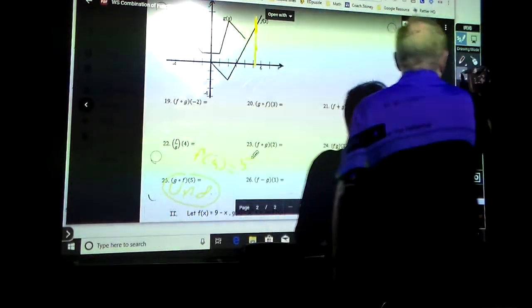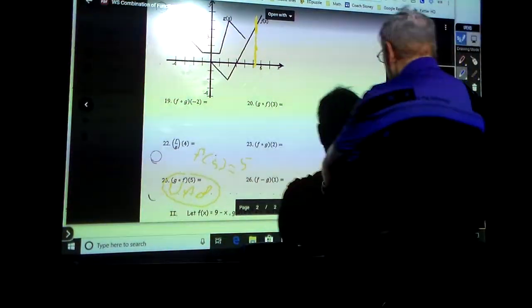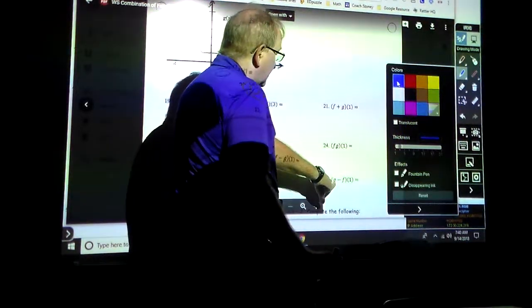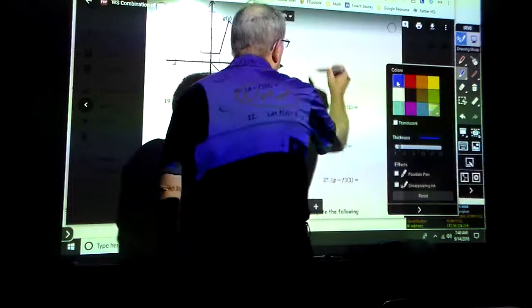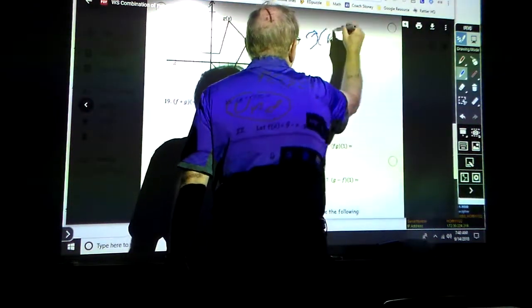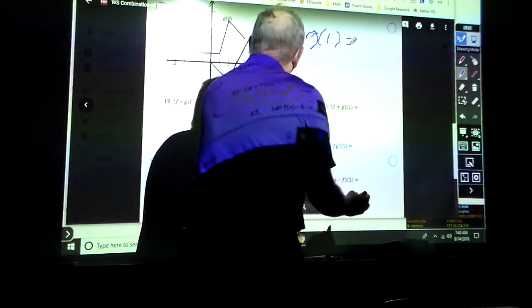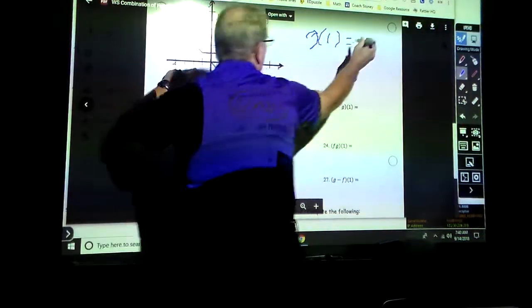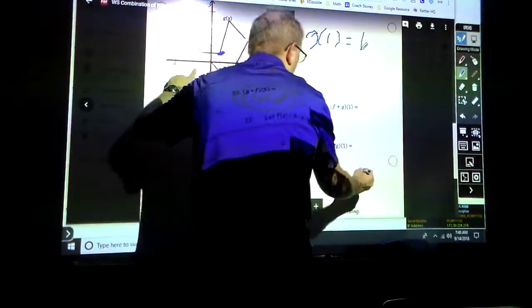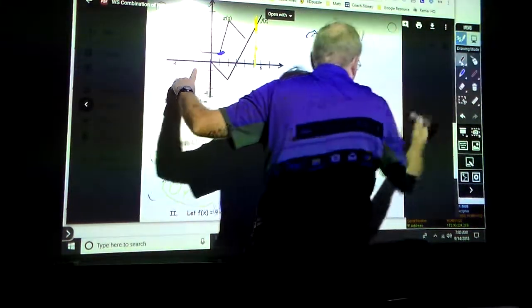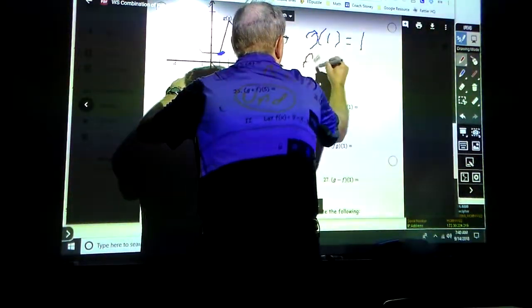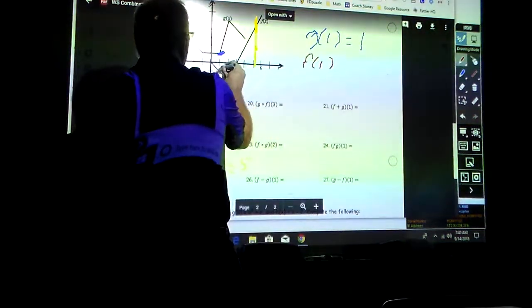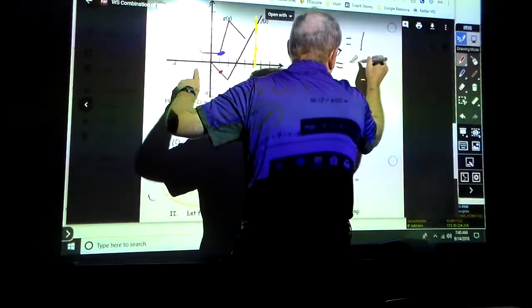So now let's look at this last odd problem. This one says take g of 1 minus f of 1. So I'm going to do g of 1. Well, g at 1 is right here, is 1. And I'm going to minus f of 1. Well, f of 1 is right here, which is what? Negative 1.